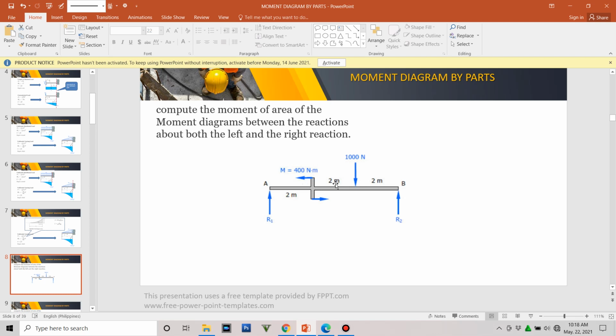So, compute the moment of area of the moment diagrams between the reactions about both the left and right support.